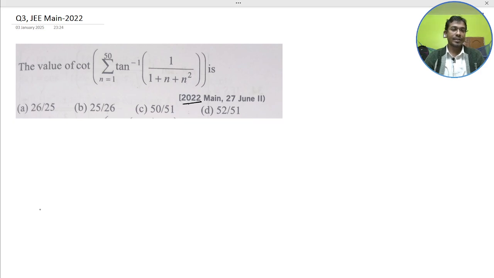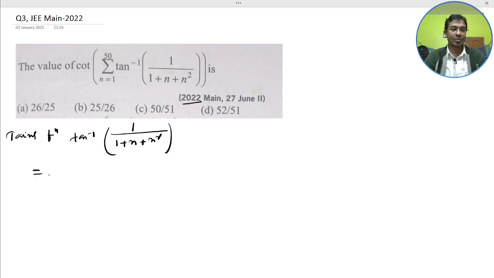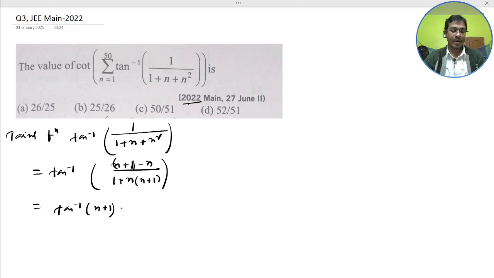So just taking a function, tan inverse 1 divided by (1 + n square) is equal to tan inverse of ((n + 1) - n) divided by (1 + n(n + 1)). We just write it in this form. Next, that is tan inverse (n + 1) minus tan inverse n.